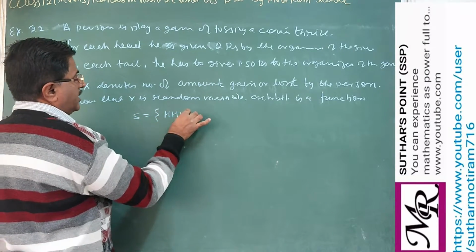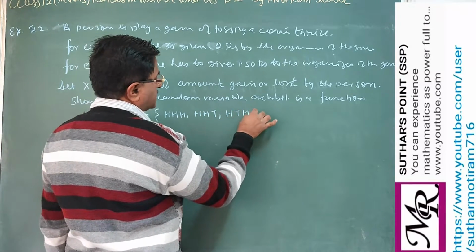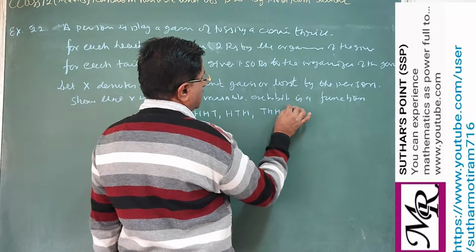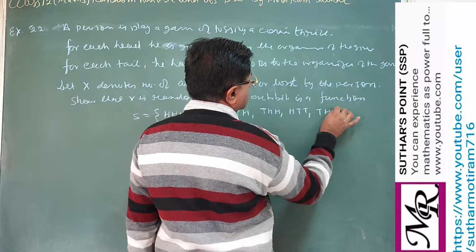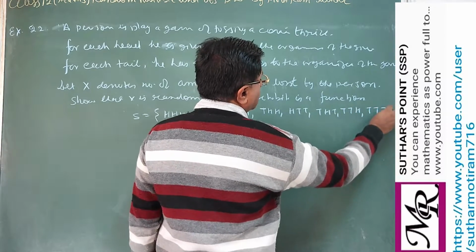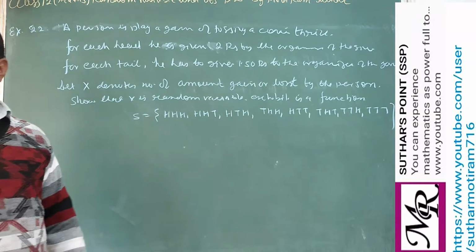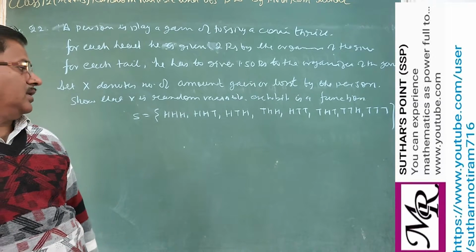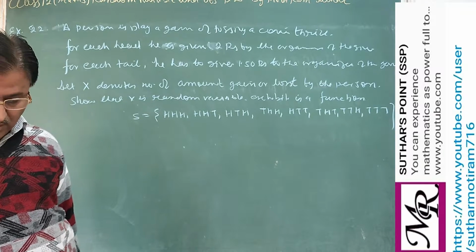So the cases may be HHH, HHT, HTH, HTT, THH, THT, TTH, TTT. So 1, 2, 3, 4, 5, 6, 7, 8 cases are there. The possibilities in the game are 8.